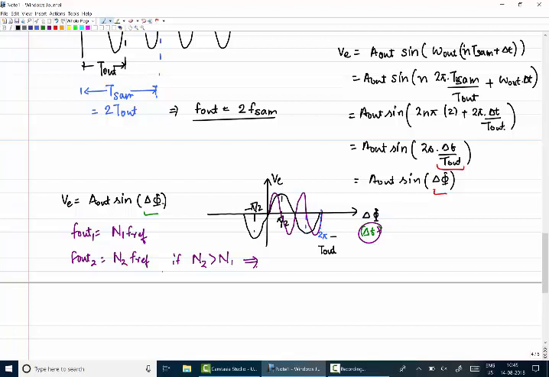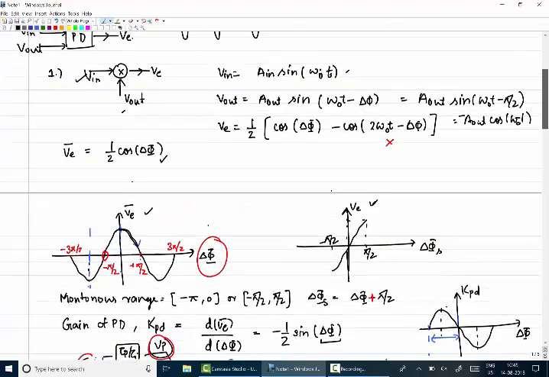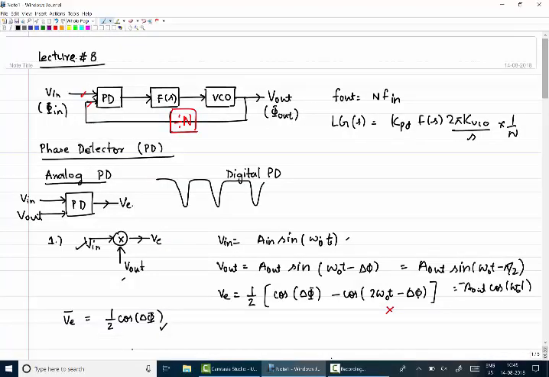Now if you have a question that who enforces that this relationship should be n, maybe some other loop. But within the PLL, when I am correcting for the phase error, I do not need to worry about the frequency error. Right now, I do not have any divide by n in the PLL loop.